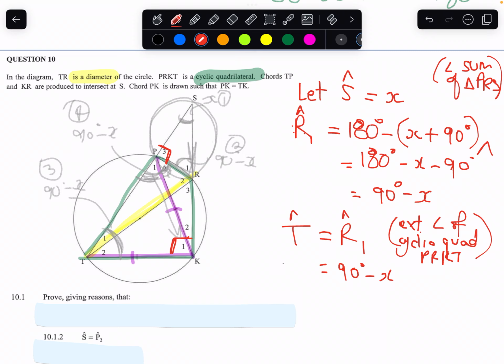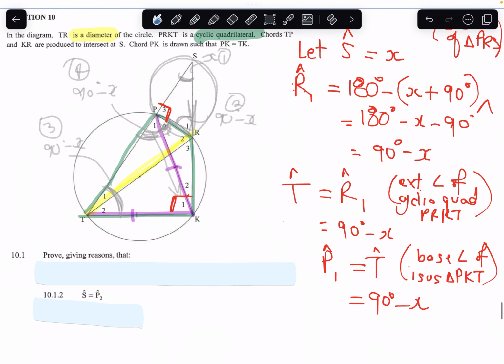Okay, so T is 90 minus x, but T is part of this isosceles triangle. So that allows us to say angle P1 is equal to angle T, again, because of base angles of isosceles triangle PKT. So it will be equal to 90 degrees minus x.